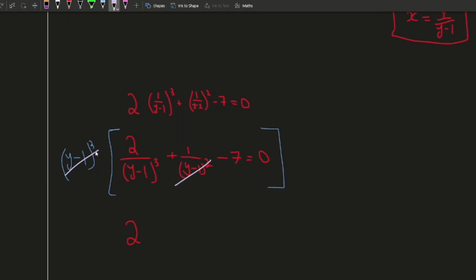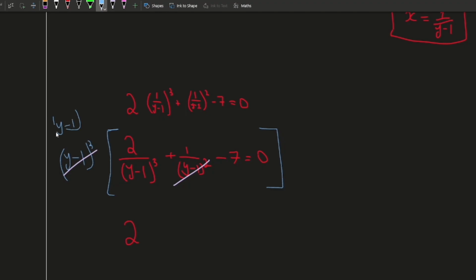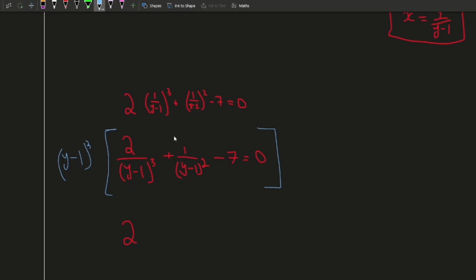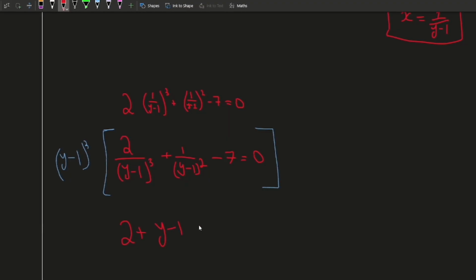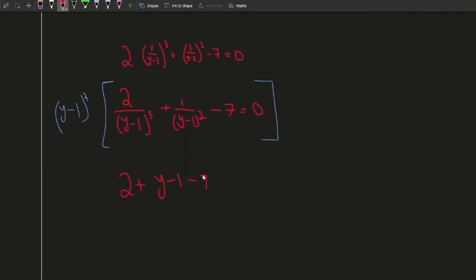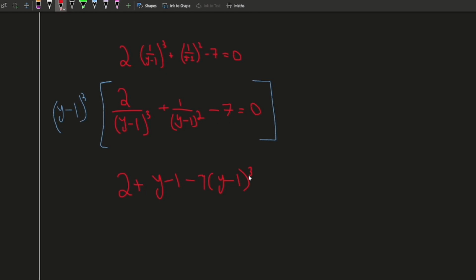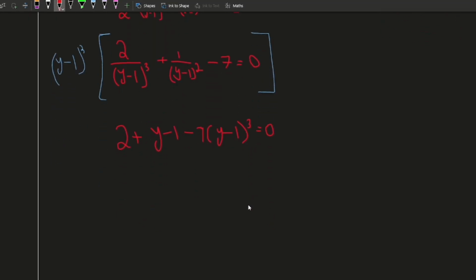And this will also get cancelled, leaving us with only y minus 1 in the numerator. So we will have this plus y minus 1, right? And since the last term is being multiplied and there is nothing being cut, this will simply be multiplied with y minus 1 cubed, and all of this is still equal to 0.